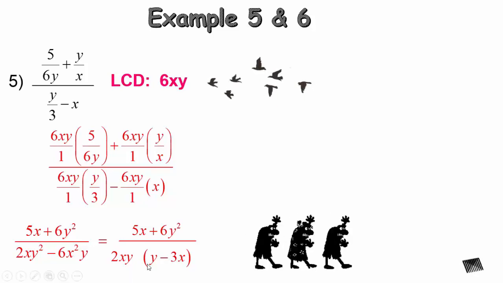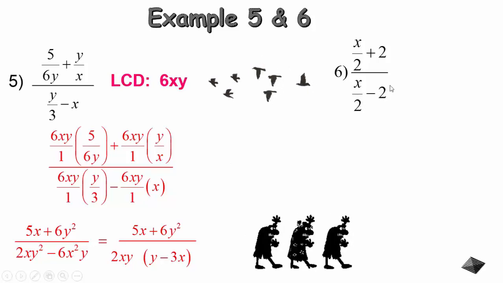In example number 6, because it's easy for me to figure out that the denominator here is 2, this is going to be 4 over 2 to make 2. So I decided in this one to use the multiplication method with just a little bit of algebra.